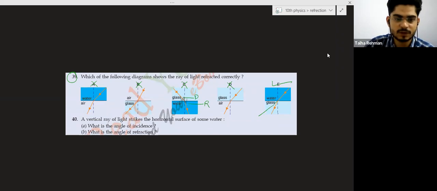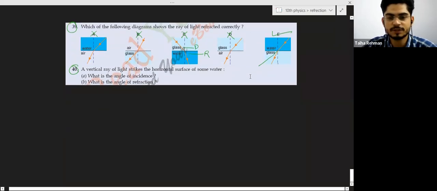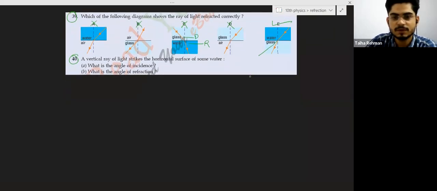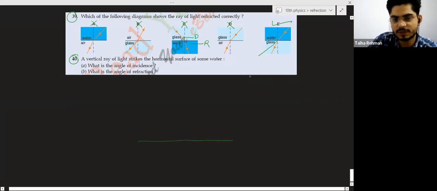So now this question. A vertical ray of light strikes on the horizontal surface of some water. Means horizontal surface of water. This is a water surface. And a ray of light is coming vertically like this.